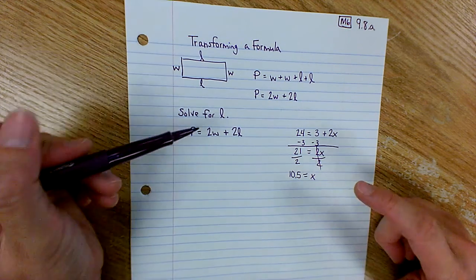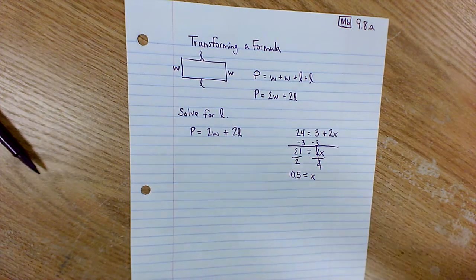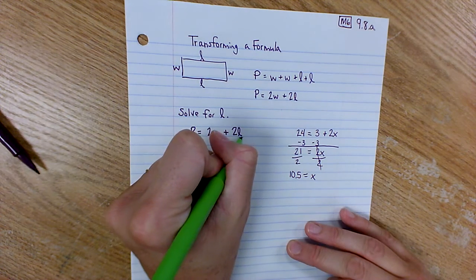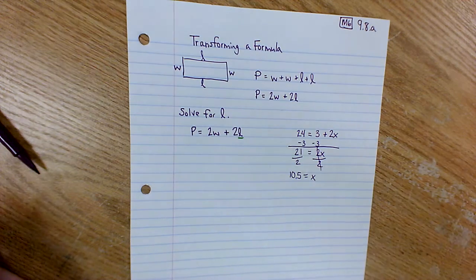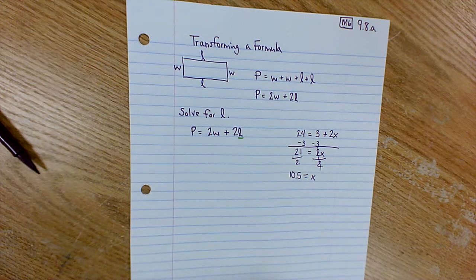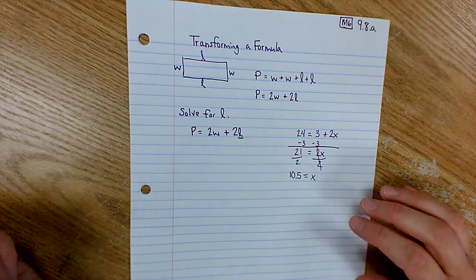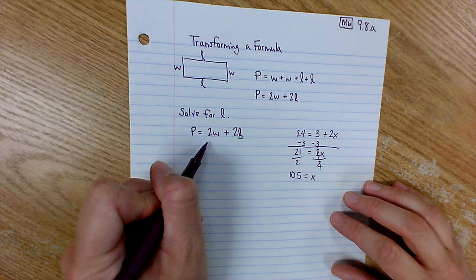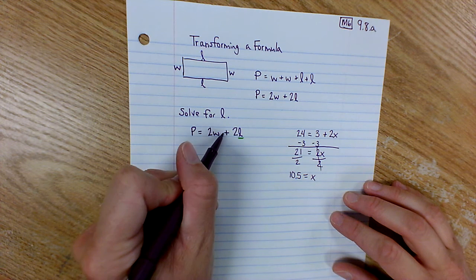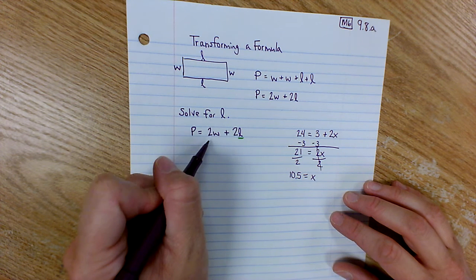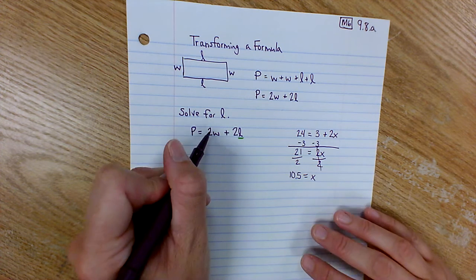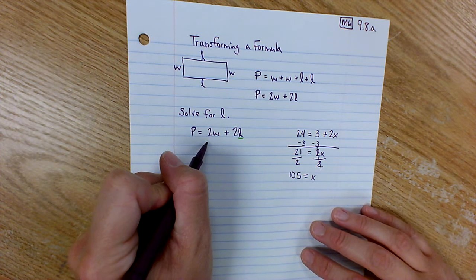Now what we're doing is solving for this L. In the same way, we want to just get that L by itself. Let's look at how we're going to do that, okay? I'm going to start by getting rid of the number that is not attached to the variable. So I need to get rid of this 2w. I'm going to do it just like I did with the 3.